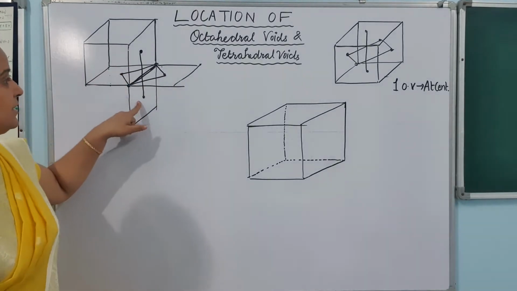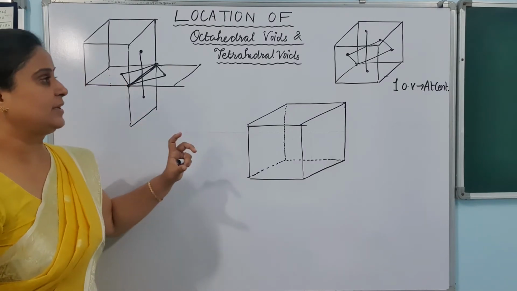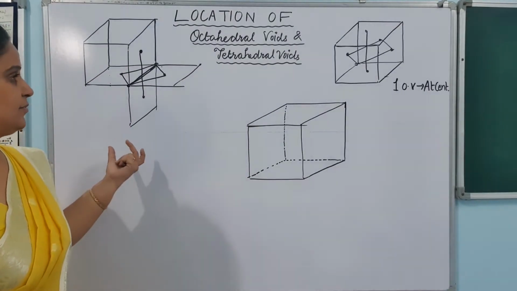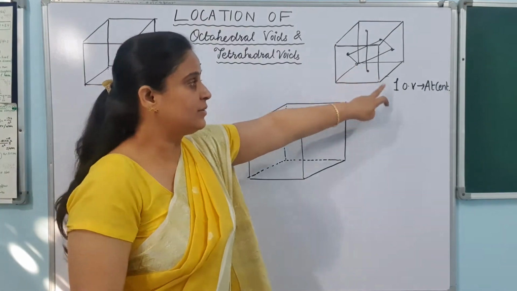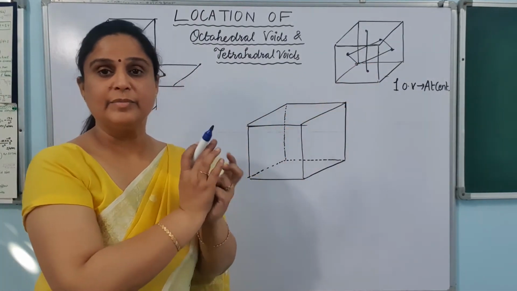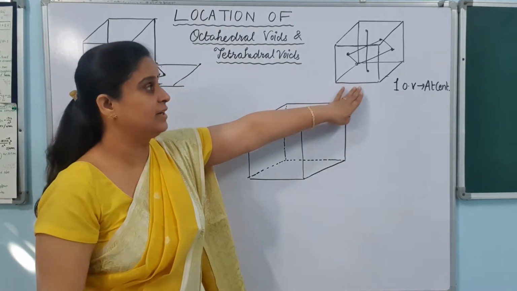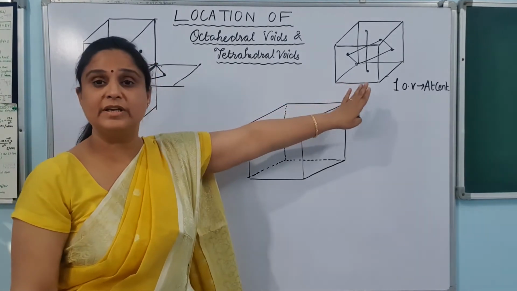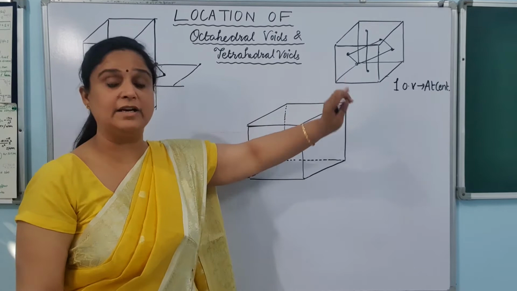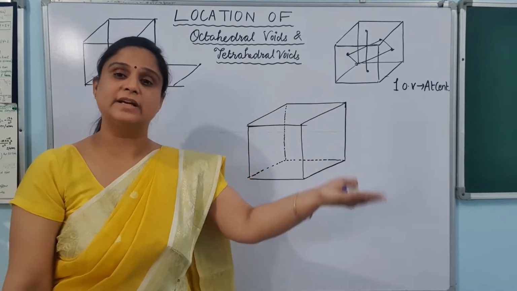So you can see there are 2 possibilities where the octahedral voids can be present. At the center, one which is inside the particular unit cell. This octahedral void is not shared by this unit cell with any other unit cell.